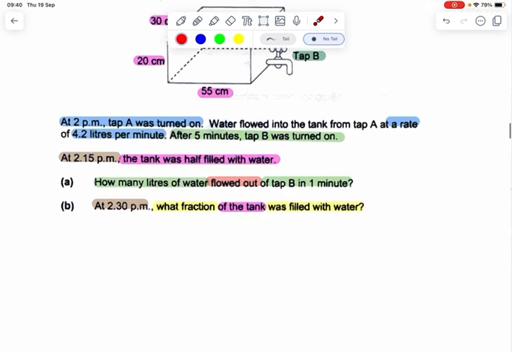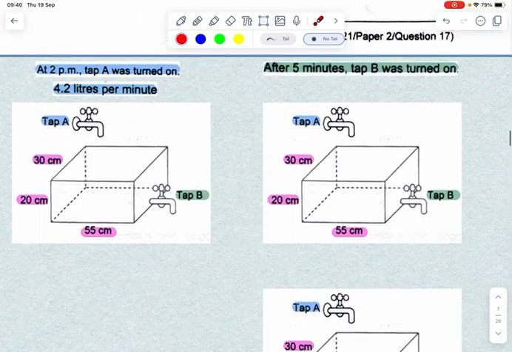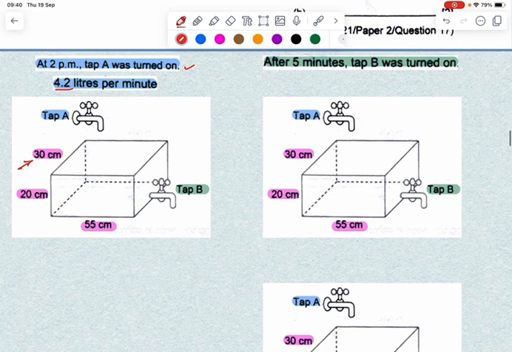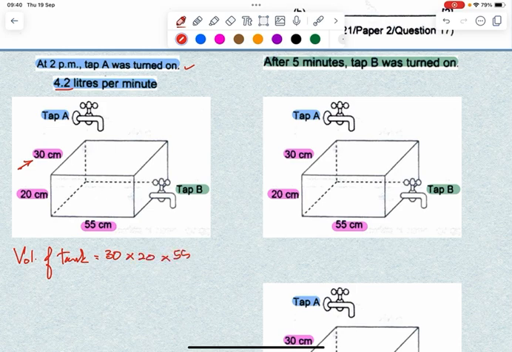Right. So first, what we're going to do is a timeline. We do a timeline, meaning that at 2 p.m., tap A was turned on and the water flows out at a rate of 4.2 liters per minute. And we have an empty tank. The dimensions are given, so obviously we can find the volume of the tank, correct? Volume of the tank equals 30 cm by 20 cm by 55 cm.